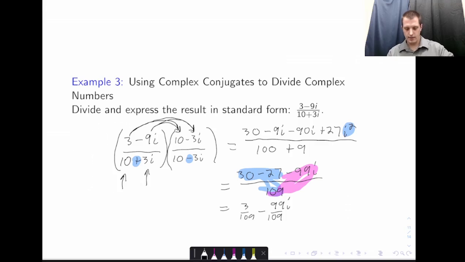And now we have it in standard form. So since we're doing things in standard form, we're going to need to rewrite them always as two different numbers. In this case, they're fractions, but they're still two different numbers. So there you go.